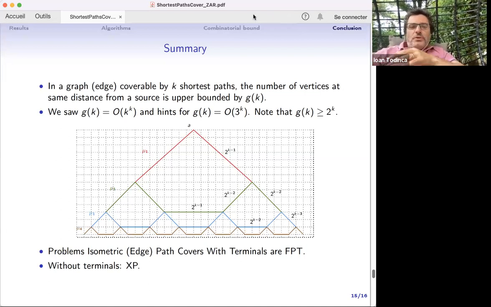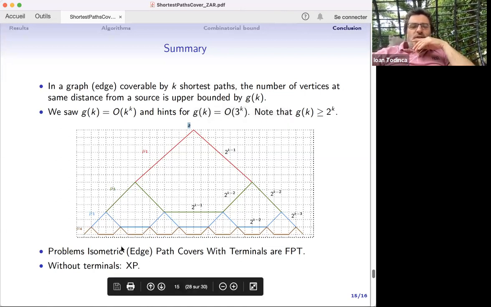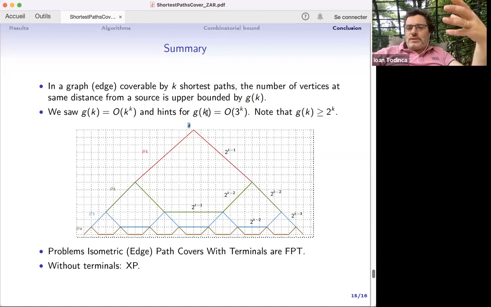Just to show on this example that we cannot do much better. Here is an example with k paths. It's easily constructed, and actually there are exactly 2 to the k vertices at a prescribed distance from this source. So I cannot improve, at least not in this direction, to something better than exponential.